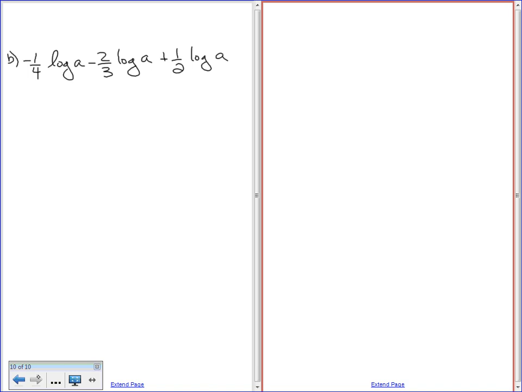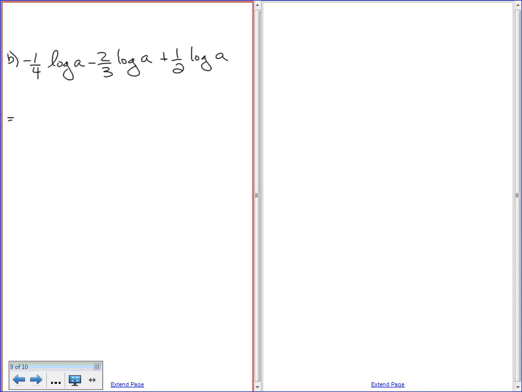The first thing you want to do is get rid of your numbers in front. So I have a minus 1/4. That minus 1/4 is going to come up and become an exponent on the a.